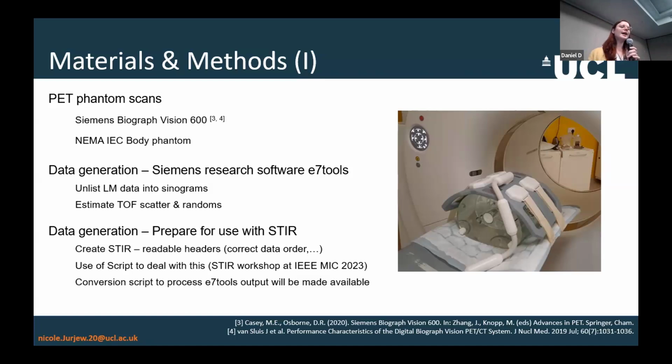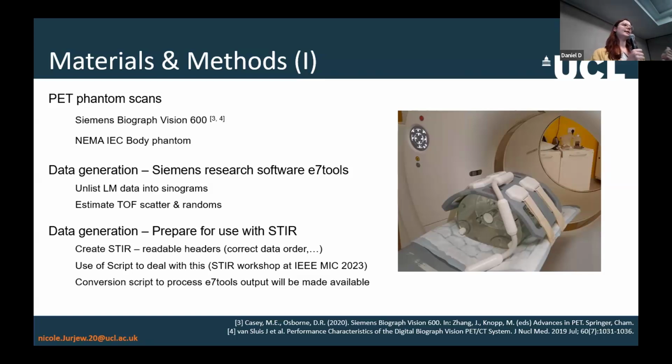We then have a script that can transform these Siemens-generated files into STIR-readable files. That means, for instance, the time of flight bin order is different in the Siemens data than in STIR data.